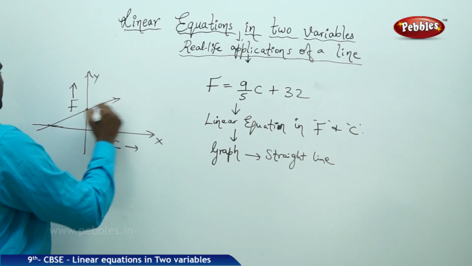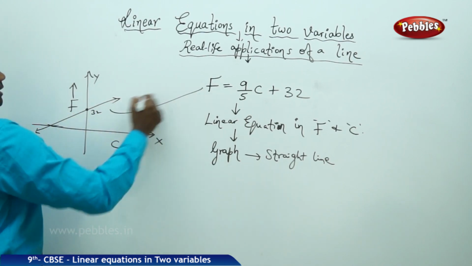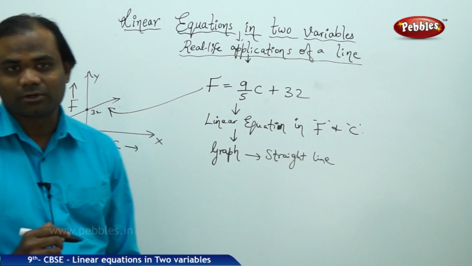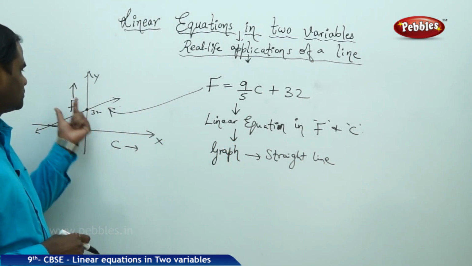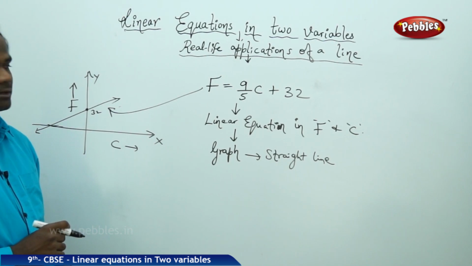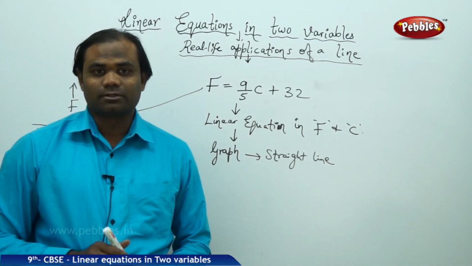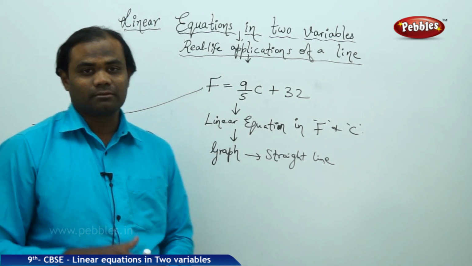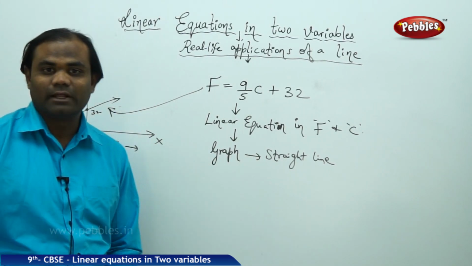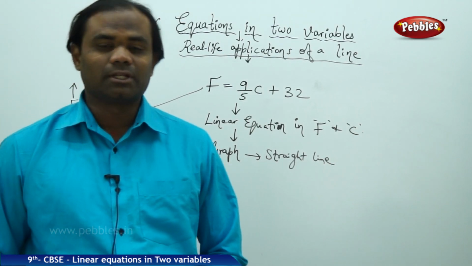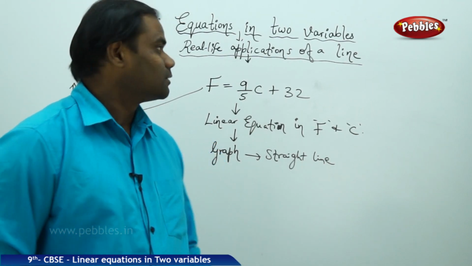So this is how I get the line when I sketch on the xy coordinate system or FC coordinate system. A line in its temperature conversion is a straight line in the Cartesian plane, as can be drawn using the table of values. Sketching a line for a real life situation.